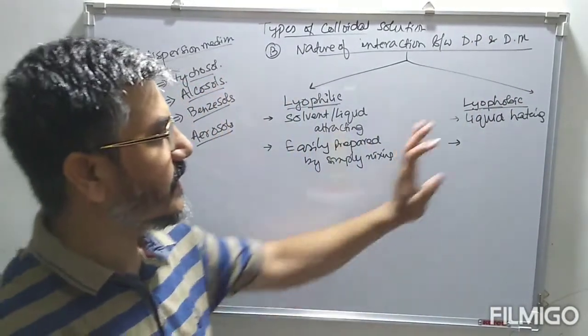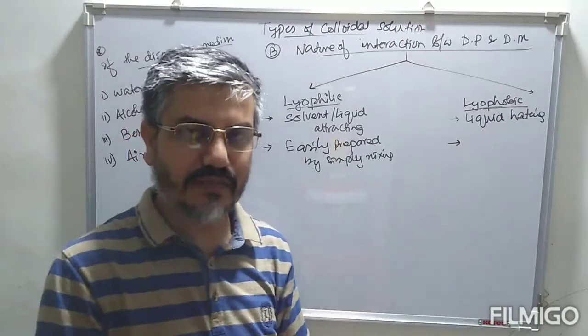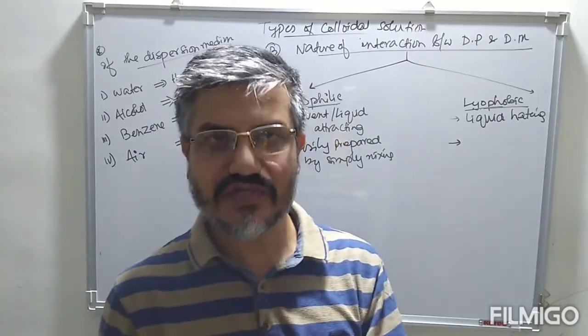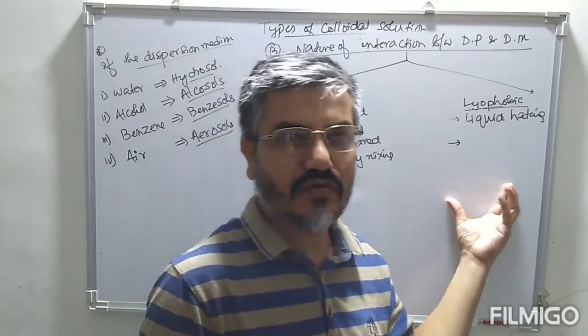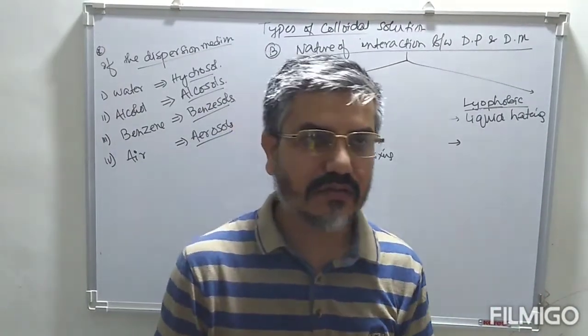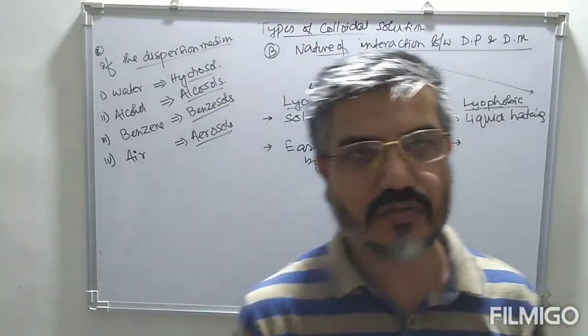the second category, that is lyophobic colloidal solutions, cannot be easily prepared simply by mixing the two, but by special methods. Because to prepare this lyophobic sol, we need to take the help of some other stabilizers. Without the help of those stabilizing agents, the lyophobic sols cannot be prepared.